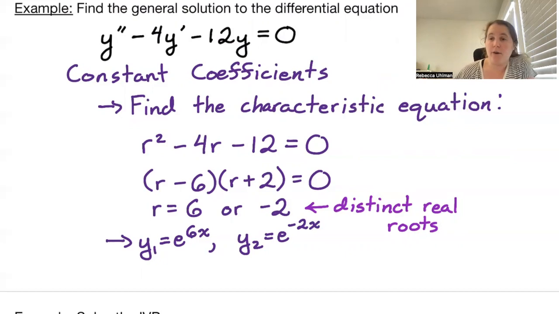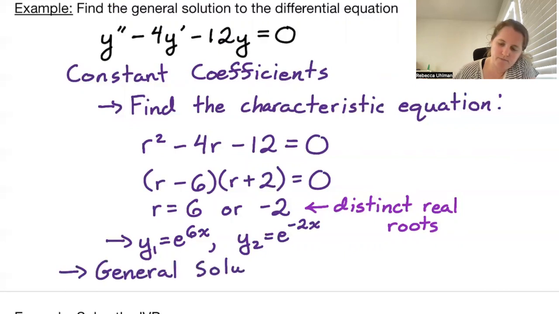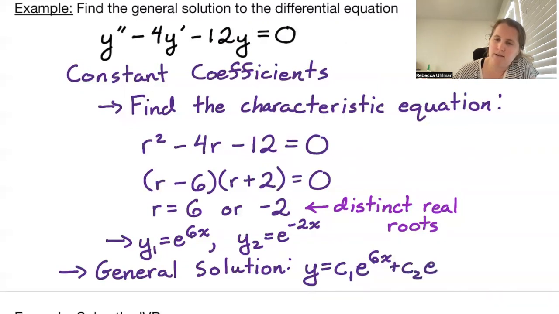And these form a fundamental set of solutions by our previous work. And so our general solution would be y is equal to c1 e to the 6x plus c2 e to the -2x.